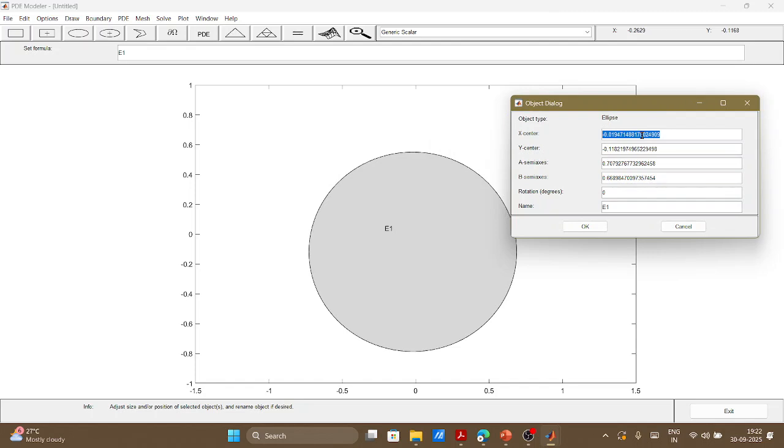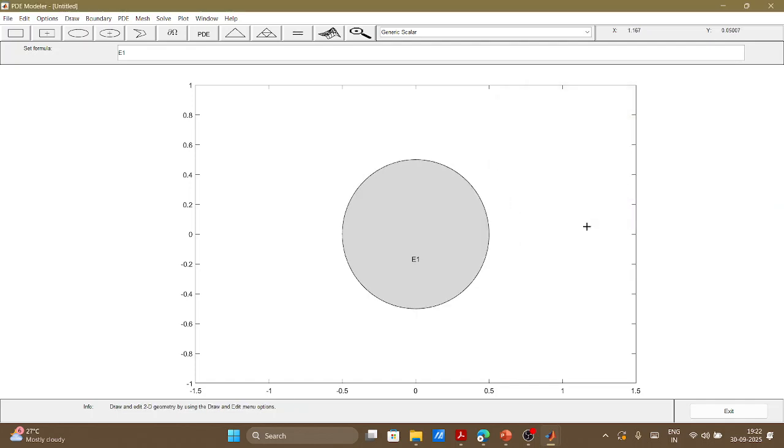So for that, its center could be at any point, but the radius should be the same, the A semi-axis and B semi-axis. So let me select a radius of half for this circle, right? So this is how your circle will look.